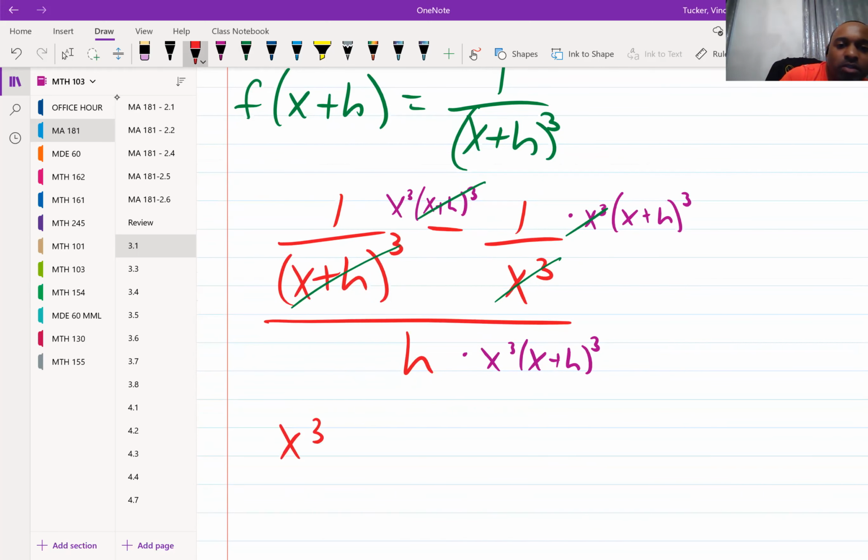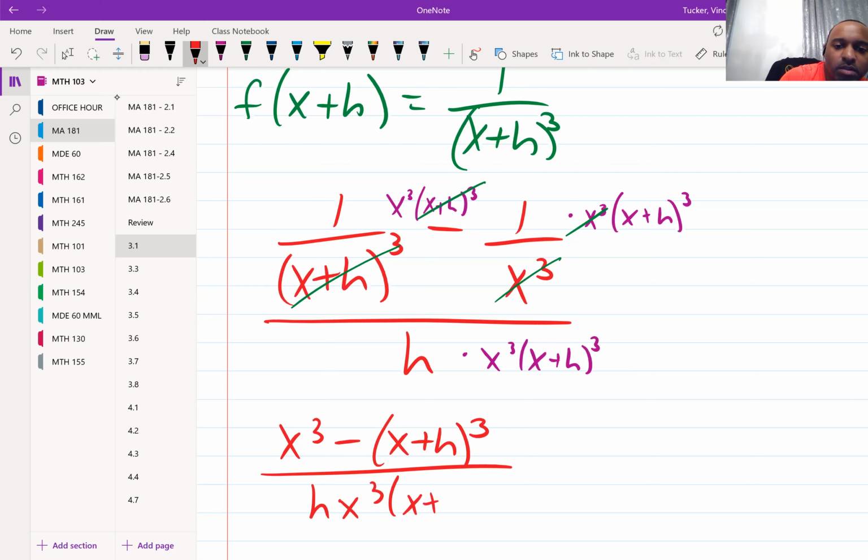So that would be x cubed minus x plus h cubed over... it's looking messy down bottom though. Okay. Then the h cancels.